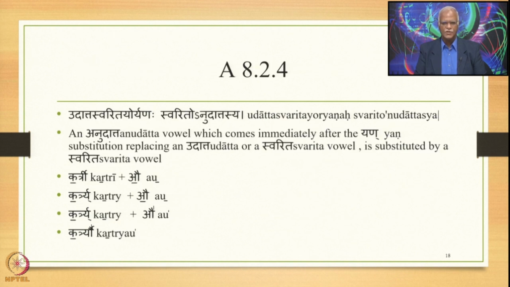So here is the sutra Udatta Swaritayor Yanaha Swarito Anudattasya. What this means is an Anudatta vowel which comes immediately after the Yan substitution, which replaces an Udatta or a Swarita vowel, that Anudatta vowel is substituted by a Swarita vowel.